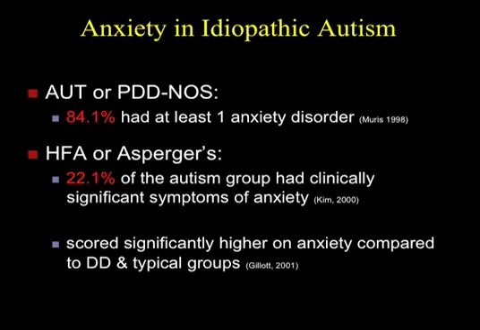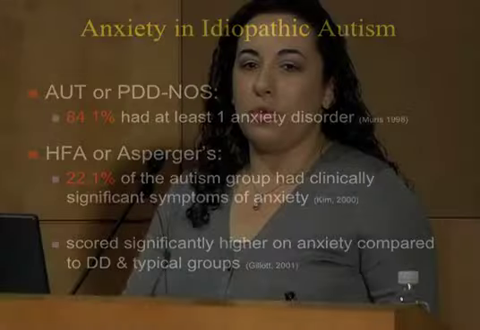Most of the other studies of anxiety in idiopathic autism have been done in high-functioning autism or Asperger's, and they found rates of about 22%, and scores significantly higher on anxiety compared to a group of controls without autism but with developmental delay, as well as to typical controls.